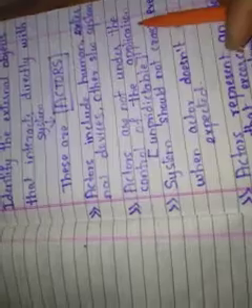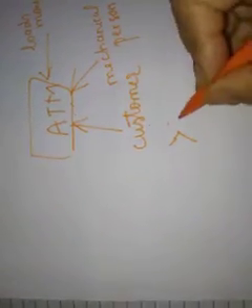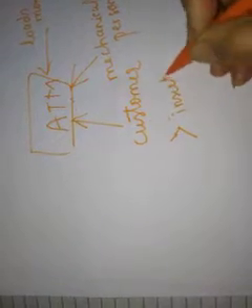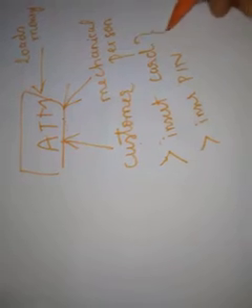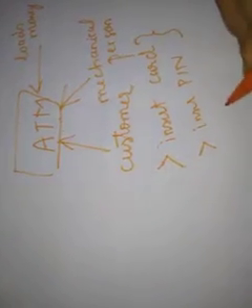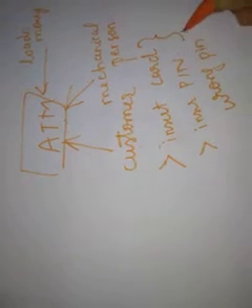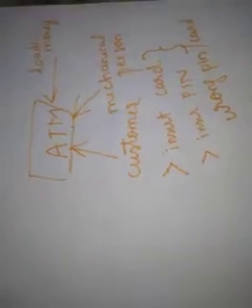So these actors are not under the control of the application. The customer is not under the control of the ATM machine. Even though there is a rule that says you should insert the card in a particular manner and insert the pin code properly, there are chances that the customer may enter the wrong pin, or insert the card in the wrong direction, right?